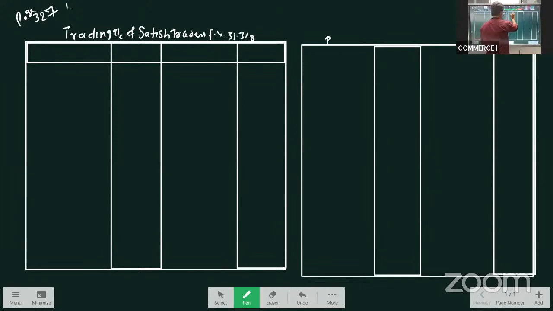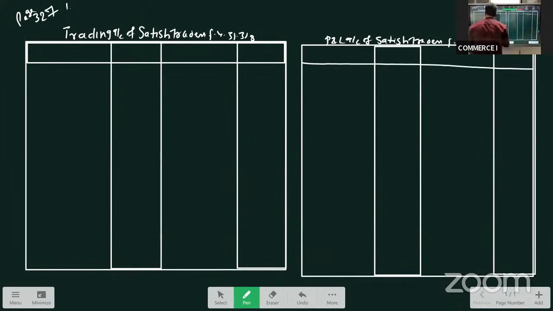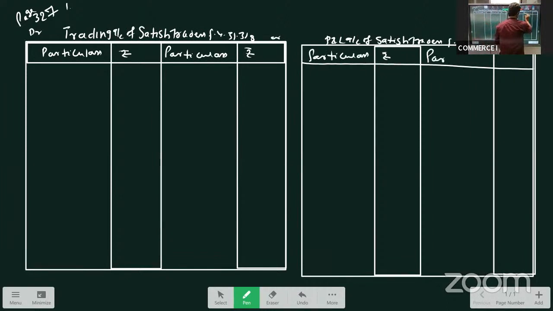Similarly, this is profit and loss account of Satish Traders for the year ended on 31st March 2018. Particulars.